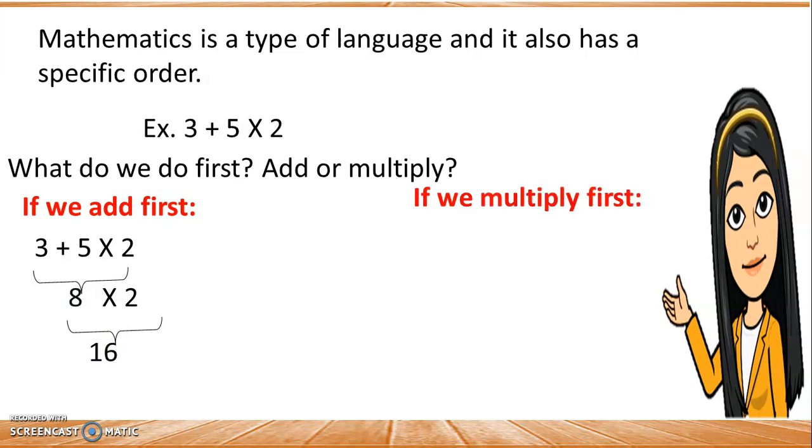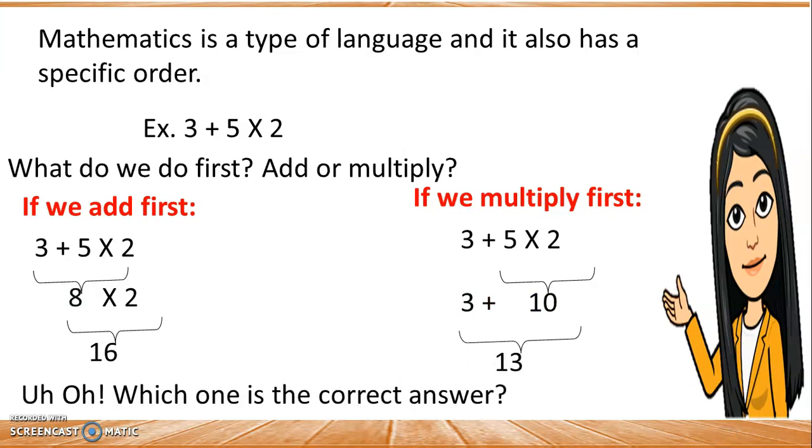If we multiply first, 5 times 2 is 10, plus 3 is equal to 13. So, it's confusing, right? Which one is the correct answer? The 16 or 13? So, don't worry.